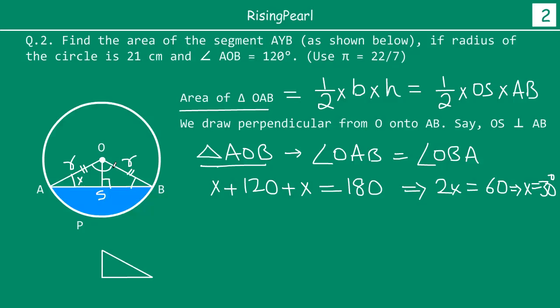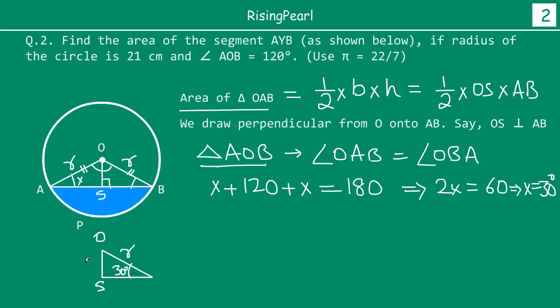Now if I focus on the triangle OSB, it doesn't matter, you could have taken one of the two triangles, because we are not trying to find out OS, right? Now if you focus on this, what we do know is this is R and this angle is 30 degrees. Now at this point, friends, we are going to use trigonometry.